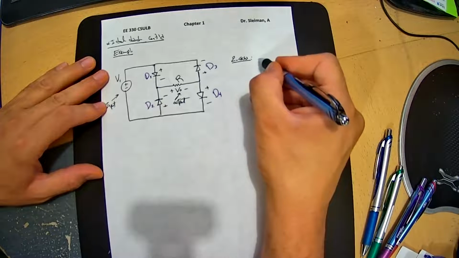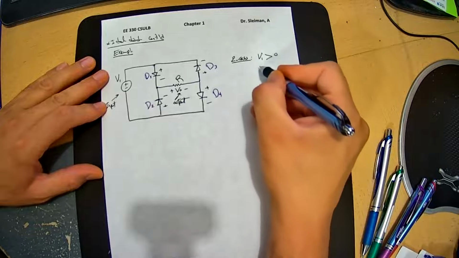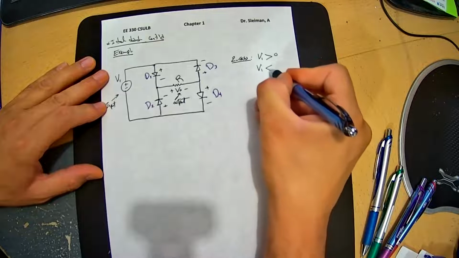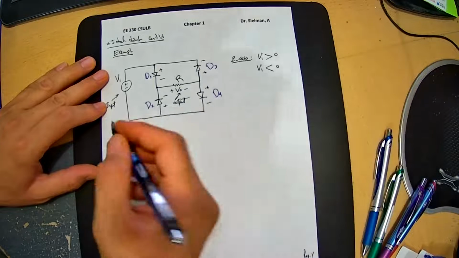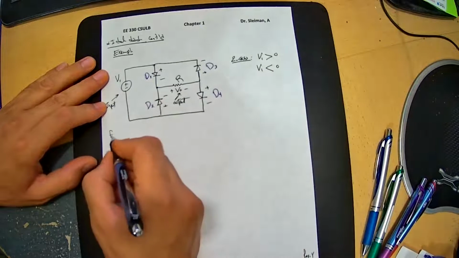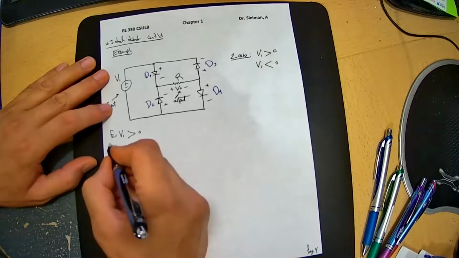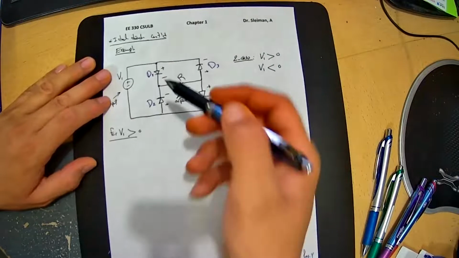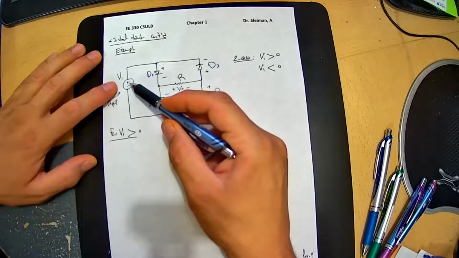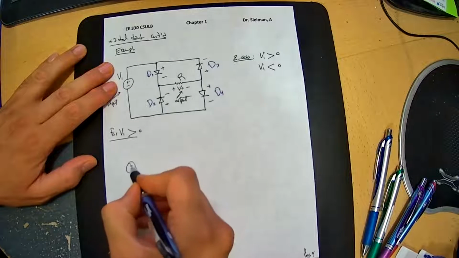One, V1 is forward biased and V1 is reverse biased, right? So we're gonna take the first one. For V1 greater than 0, how my circuit will work, pay attention please. This is my voltage. I'm gonna put it here. This is fixed.